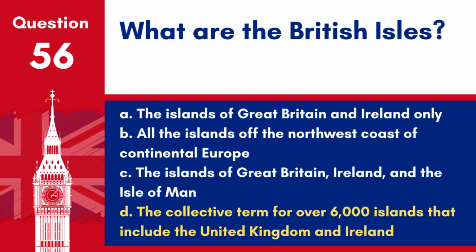Answer D. The British Isles refer to the collective term for over 6,000 islands, including the United Kingdom, Ireland, the Isle of Man, the Isles of Scilly, the Hebrides, the Channel Islands, and other smaller islands.